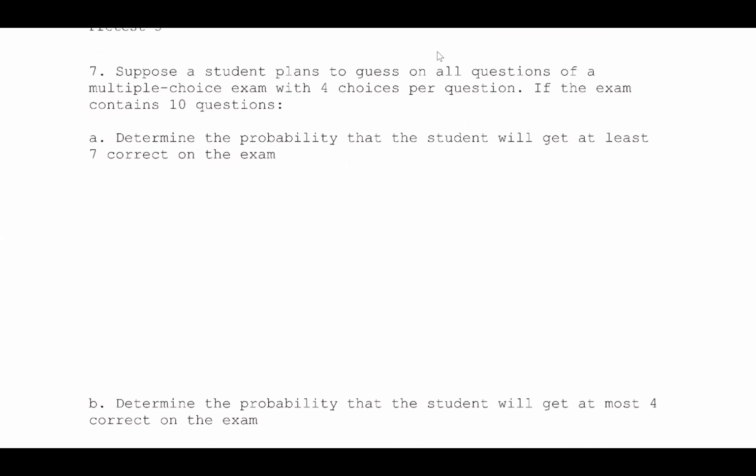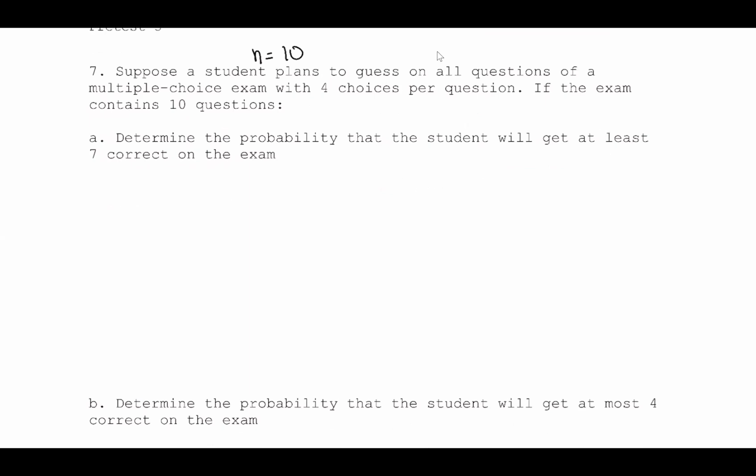So this one says, suppose a student plans to guess on all questions on a multiple choice exam with 4 choices per question. If the exam contains 10 questions. So for this one, if you look at it, they tell us n is equal to 10. So they tell us that this person guesses on all of the questions.